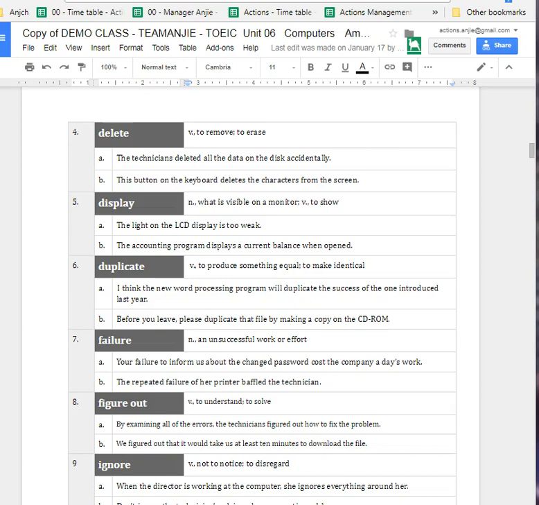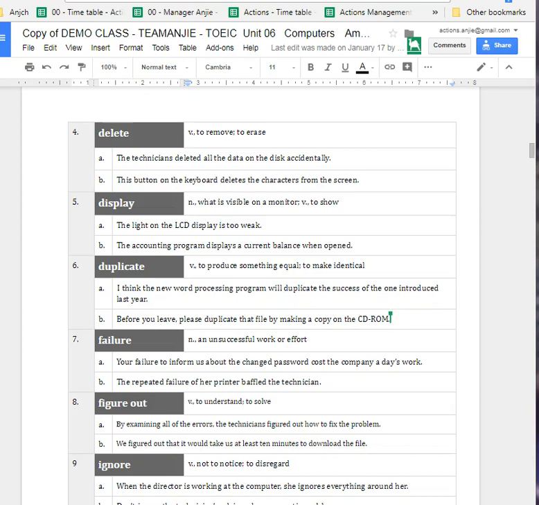For our next word, it's duplicate. For verb, it is to produce something equal, or to make identical. So duplicate is making the same exact copy of something. An example is I think the new word processing program will duplicate the success of the one introduced last year.